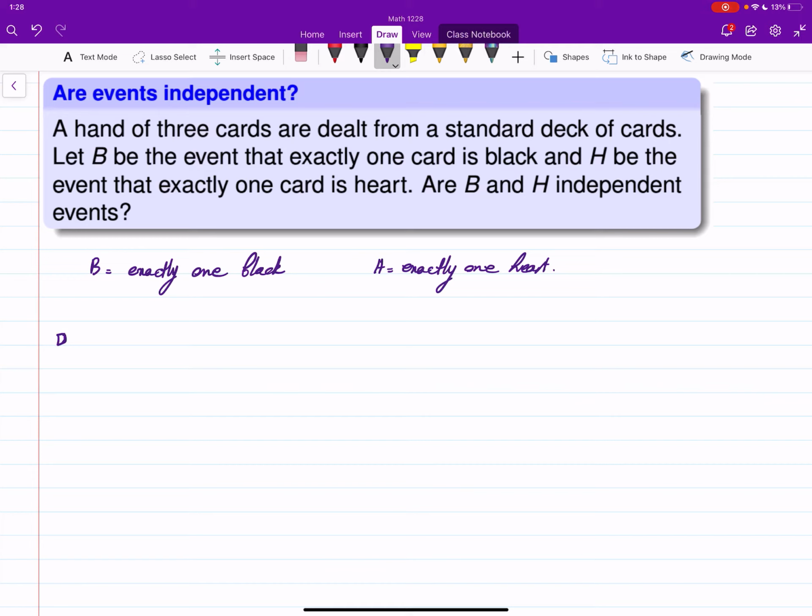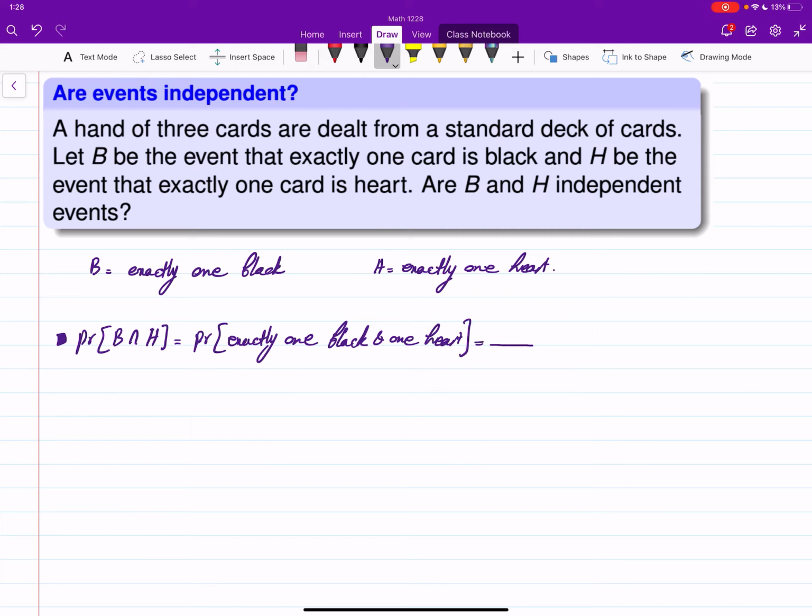So we can use that star. Remember, if we know the probability of the intersection and we know the probability of each one, we try to see if the product of the probabilities of each one is equal to the probability of the intersection. So I'll go with this first. Probability of exactly one black and one heart.